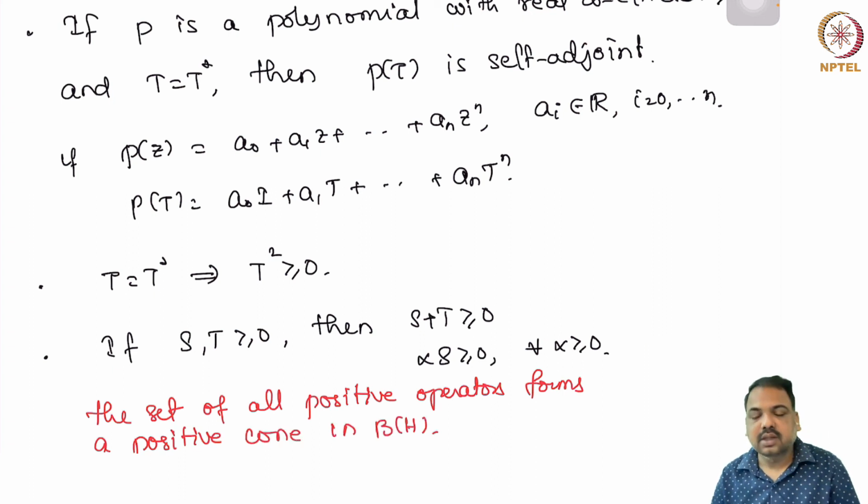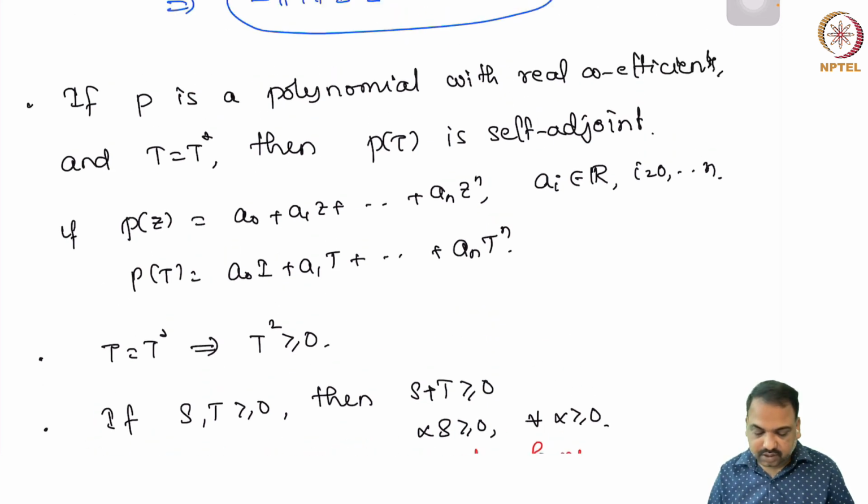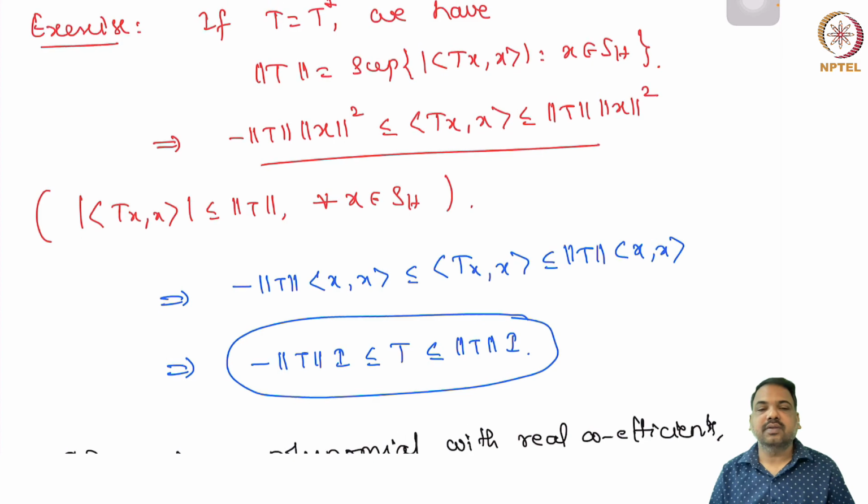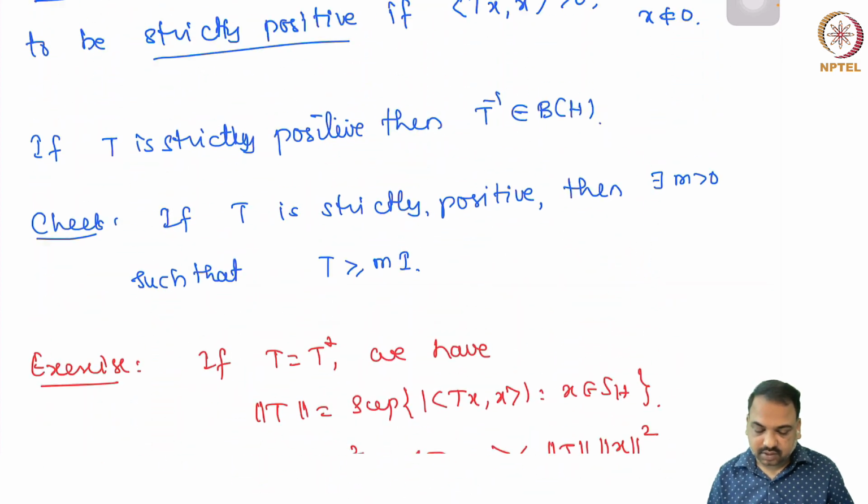Positive cone means the sum of two positive operators is positive, and whenever we multiply a positive operator with a positive constant, that is positive. In fact, if P is a real polynomial with positive coefficients and T is positive, then P of T is also positive. So these are some of the important properties of self-adjoint as well as positive operators.